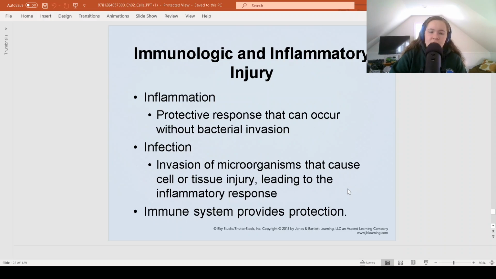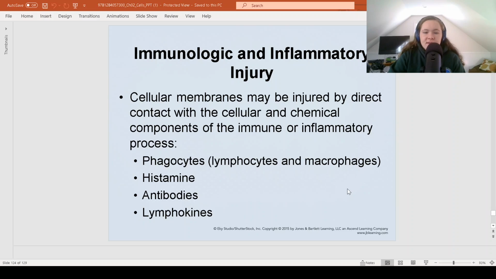Immunologic and inflammatory injury. Inflammation is the protective response that can often occur without bacterial invasion. An infection is an invasion of microorganisms that cause cell or tissue injury, leading to the inflammatory response. The immune system provides protection, and cellular membranes may be injured by direct contact with the cellular or chemical components of the immune or inflammatory process.